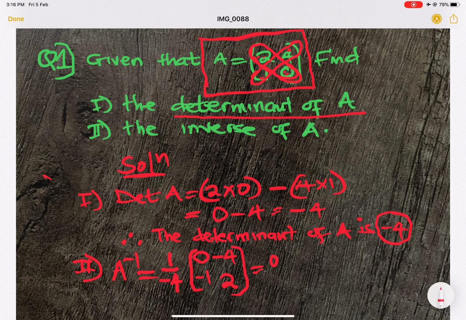Then 1 over negative 4 times negative 4 will give us negative 4 over negative 4. 1 over negative 4 times negative 1 will give us negative 1 over negative 4. Then 1 over negative 4 times 2 will give us 2 over negative 4.